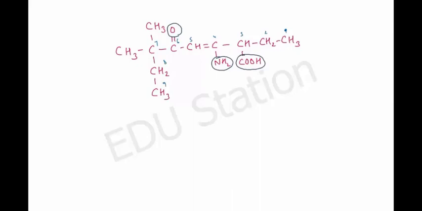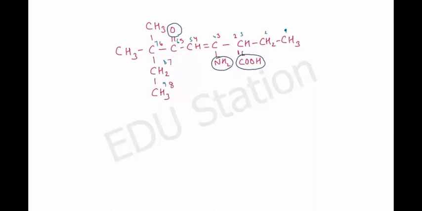This is wrong, this is not possible. So in fact, the numbering has to start from acid itself, because it is the most preferred group. It is carbon containing, so this will be 1, 2, 3, 4, 5, 6, 7, 8.